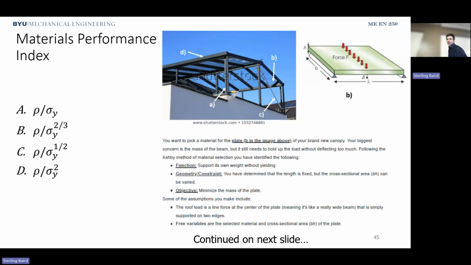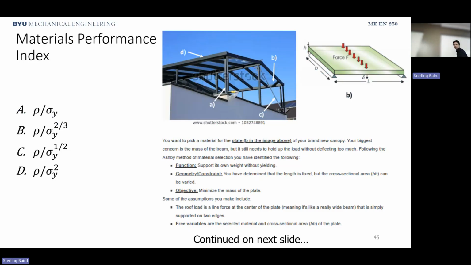The free variable is the cross-sectional area, which means we can't vary B and H independently. We need to do everything in terms of A, so we'll do this replacement: H equals A over B, and then we'll sub that in.